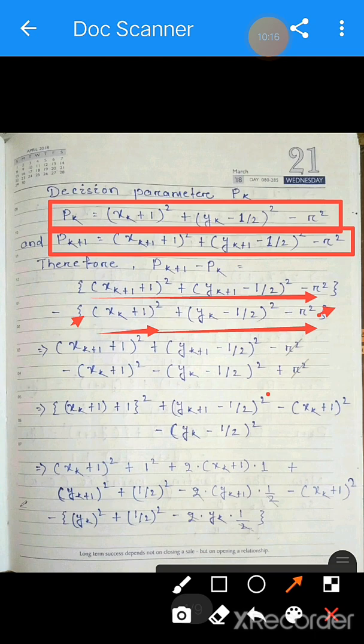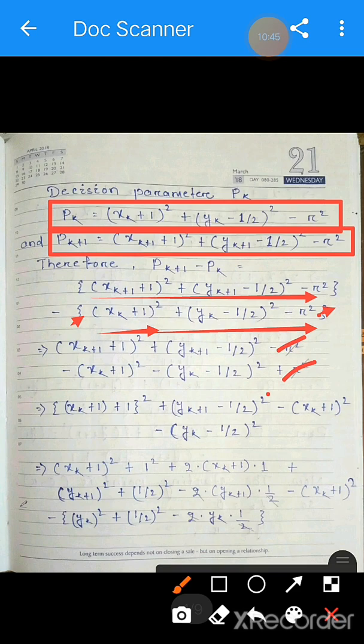Because minus into minus is plus. So here plus r square minus r square, this one cancels. Okay, after that what do we get? This much only.